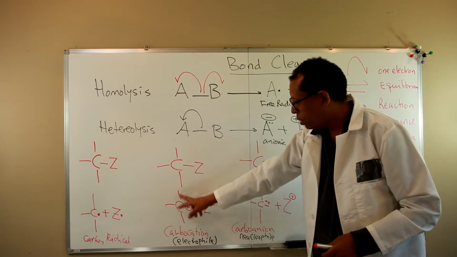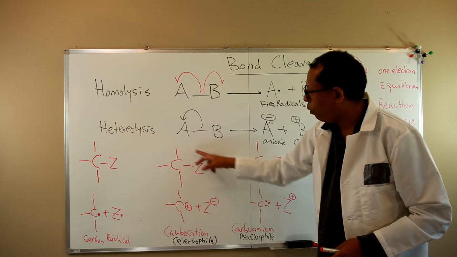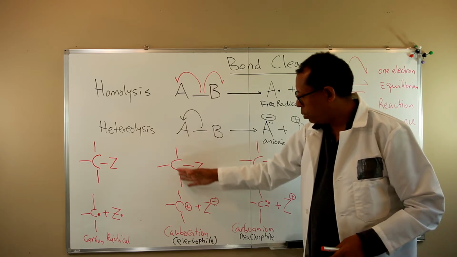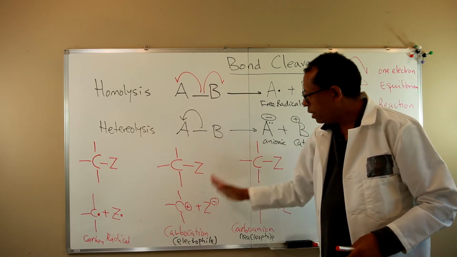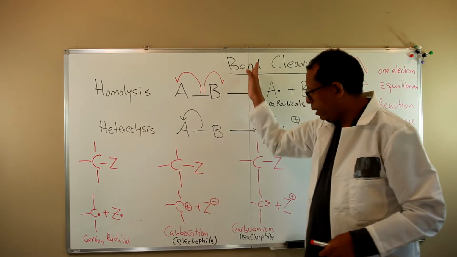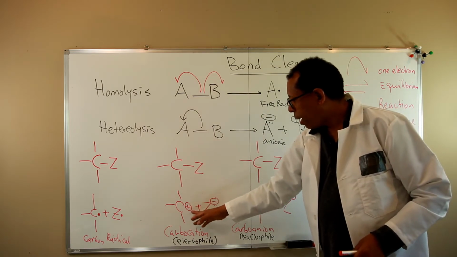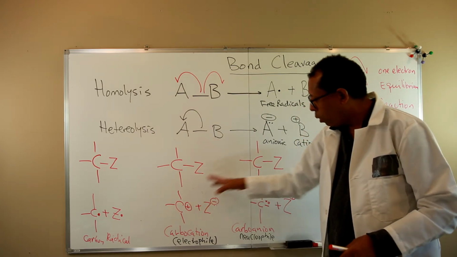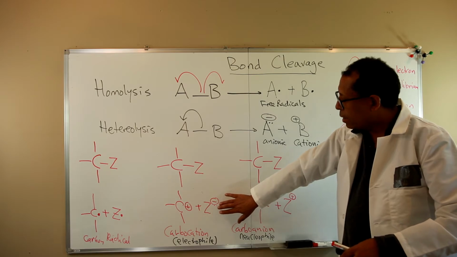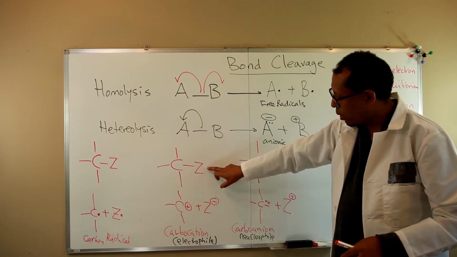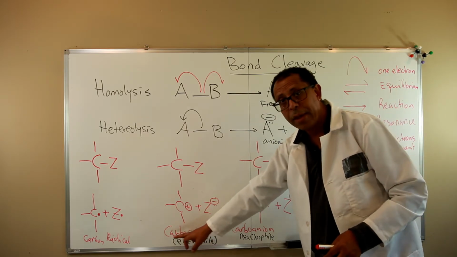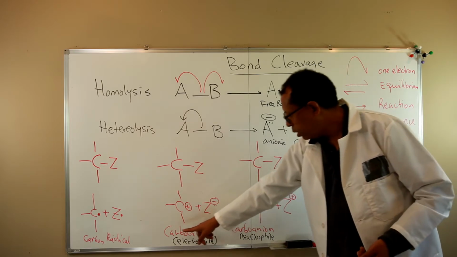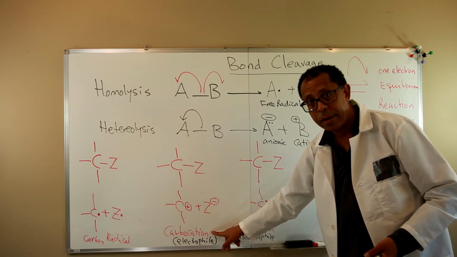Whenever you have three substituents instead of four on a carbon as a result of bond cleavage, with a positive charge on it, where all of the electrons are taken away by the substituent, you form a very highly reactive species called a carbocation.